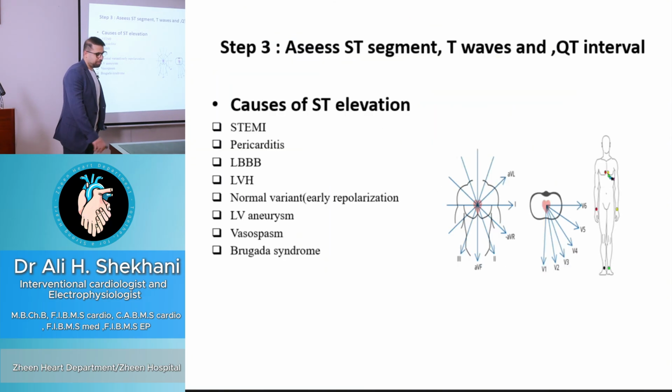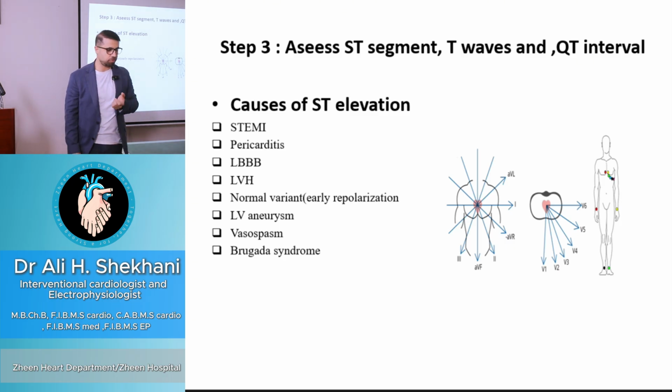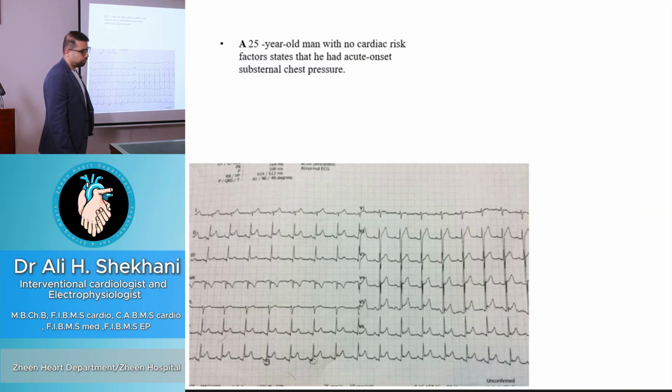Okay, another important part of the ECG is to assess the ST segment, T wave, and QT interval. We have several causes of ST elevation. Not every ST elevation is due to myocardial infarction, but every ST elevation should be taken seriously. This ECG was taken from a 25-year-old with no risk factor, presented with chest pain.